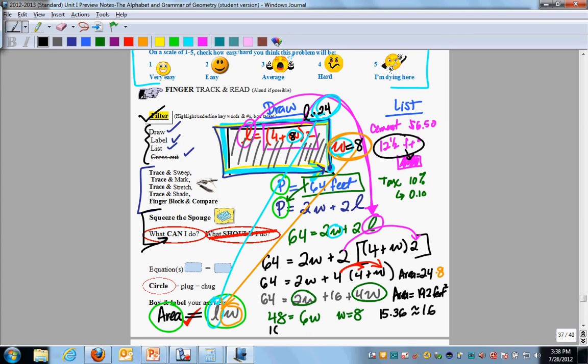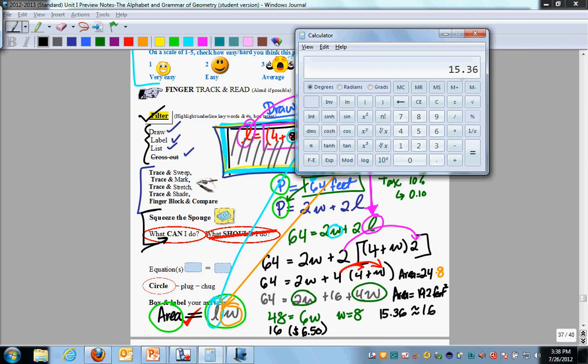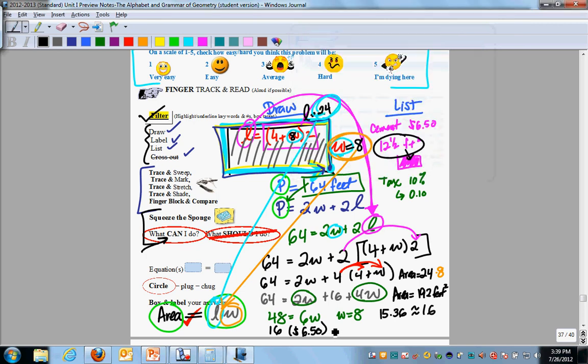So now we're going to do 16 bags times our money, $6.50. 16 times $6.50 is $104.